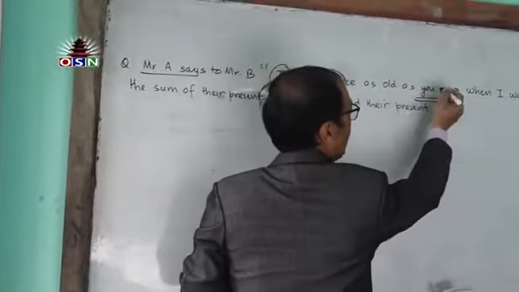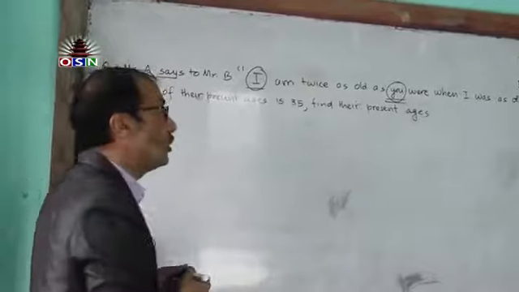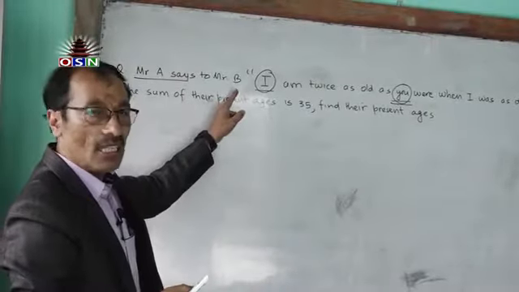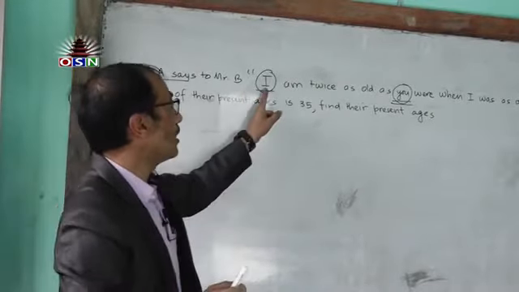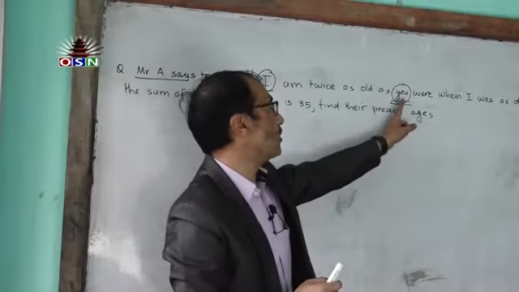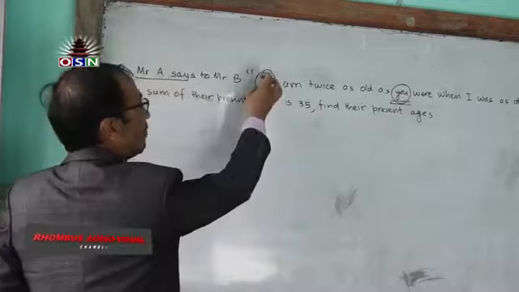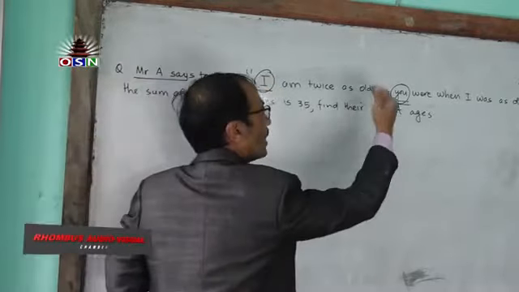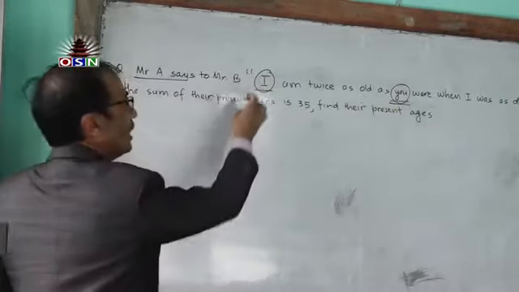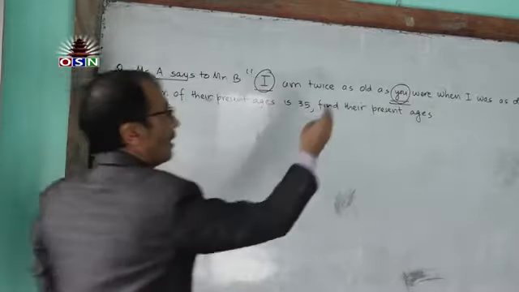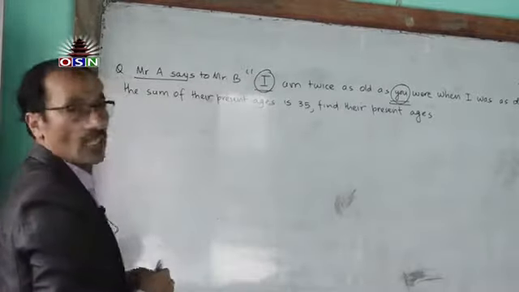You is a second person pronoun, so you represents Mr. B. You must be clear who is represented here. I is the first person pronoun, you is the second person pronoun. In this question, I represents A and you represents B.